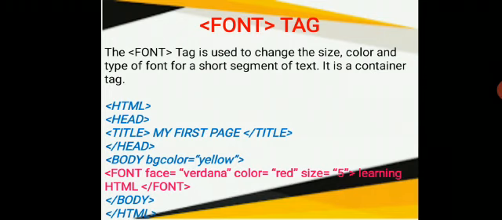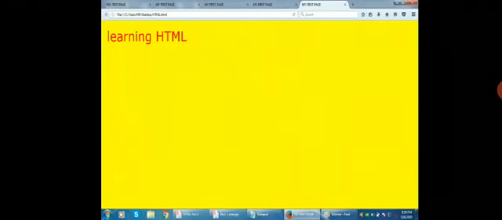Here you can see I have mentioned font face Verdana, color red, size 5, Learning HTML, and font is closed, in the earlier code only. Let's see the output. Learning HTML is displayed in Verdana font style, color is red and size is 5.